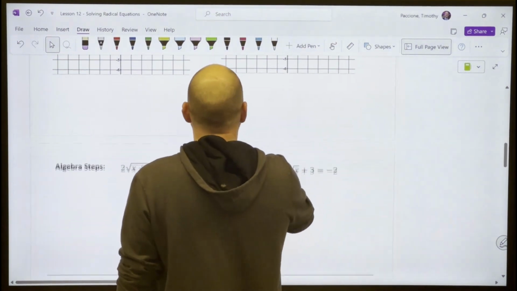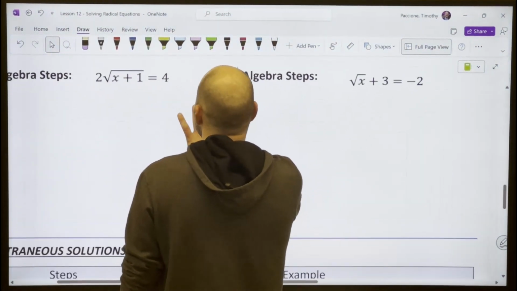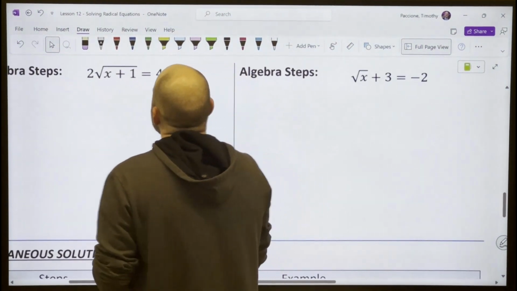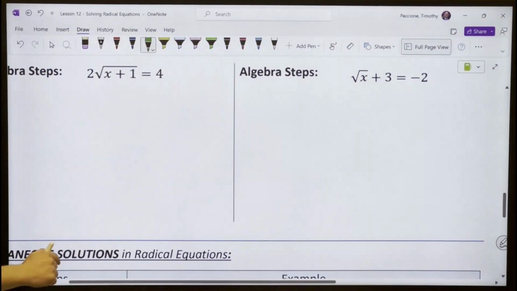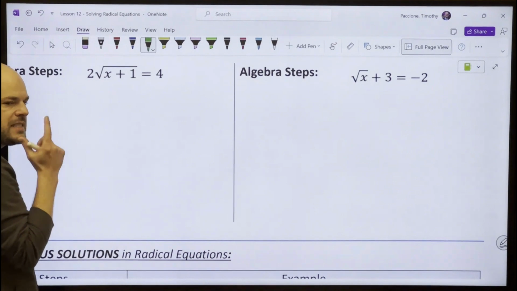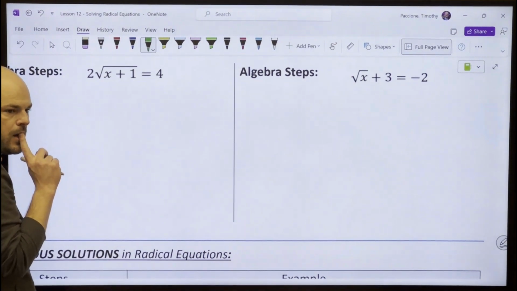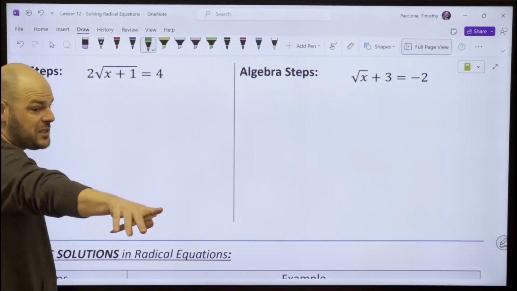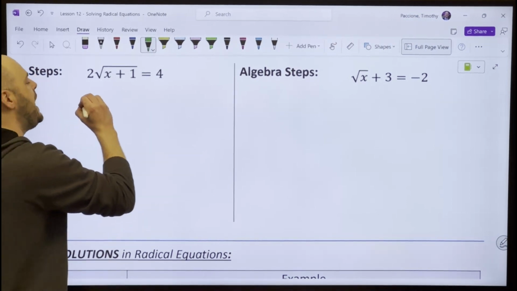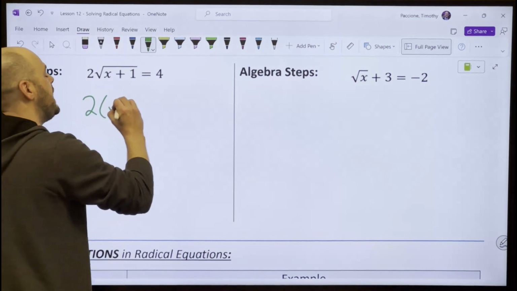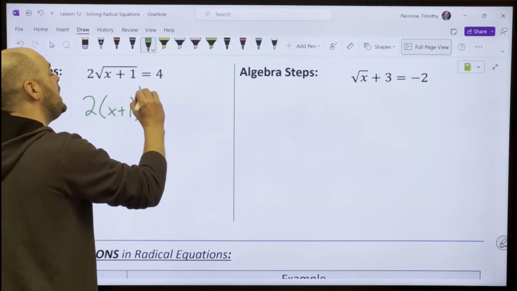All right, we're going to do those algebraically, the same 2 equations, okay? Now, the good news is we already know how to do this, right? So we won't spend a ton of time on this. Because square rooting something is the same as raising it to the what? No, that's squaring it. Square rooting something is the same as raising it to the 1/2. So this is really 2 times (x plus 1) to the 1/2 equals 4.